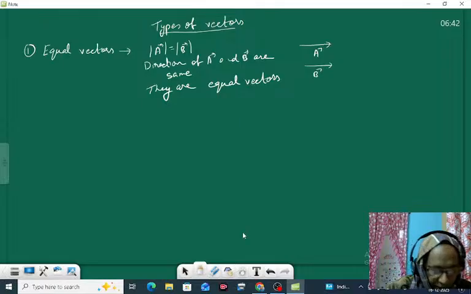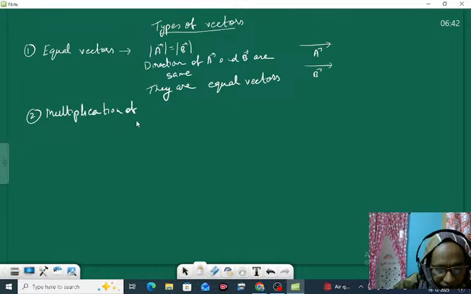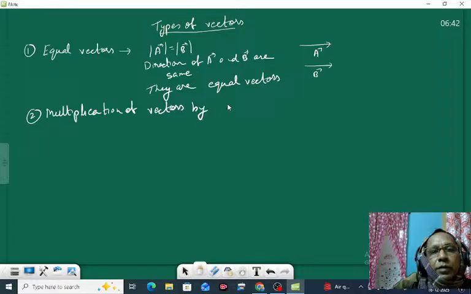Sometimes we multiply a vector with a number, suppose number 2. We can multiply a vector by a real number. Multiplication of vectors by real numbers.